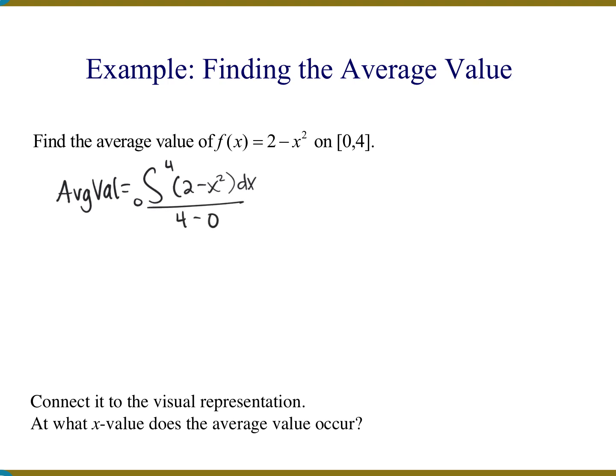That's just the math on it. Then you do your antiderivative. Antiderivative is 2x minus x cubed over 3, plus the constant c from 0 to 4, still over the interval of 4.